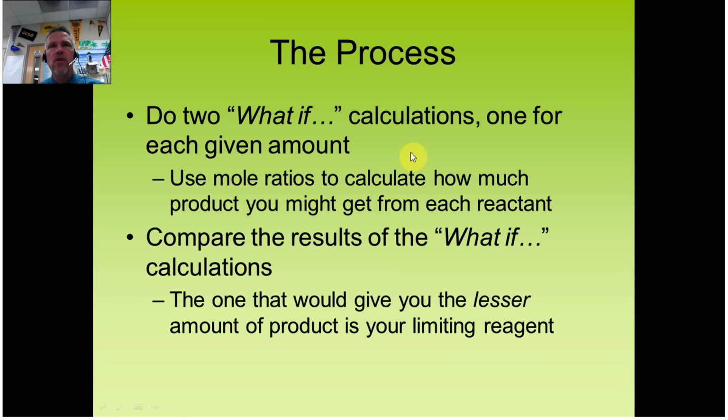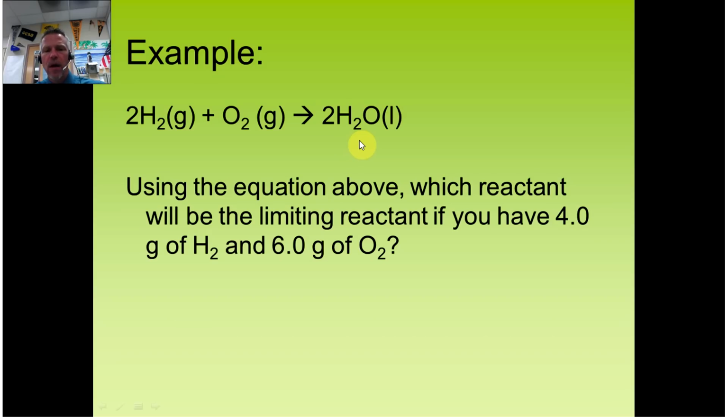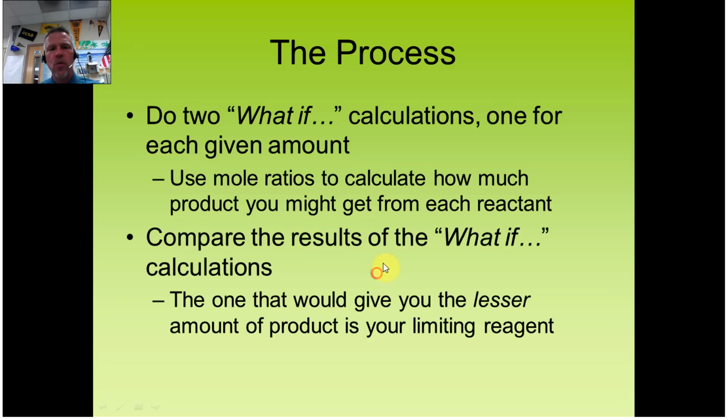Okay. The way you do this is to do 2 what-if calculations. One calculation for each of the amounts that you're given. So on the previous slide, we were given 4 grams of hydrogen and 6 grams of oxygen. Those are the 2 starting points that we have. We will use those 2 starting points in 2 what-if calculations, one for each of those.